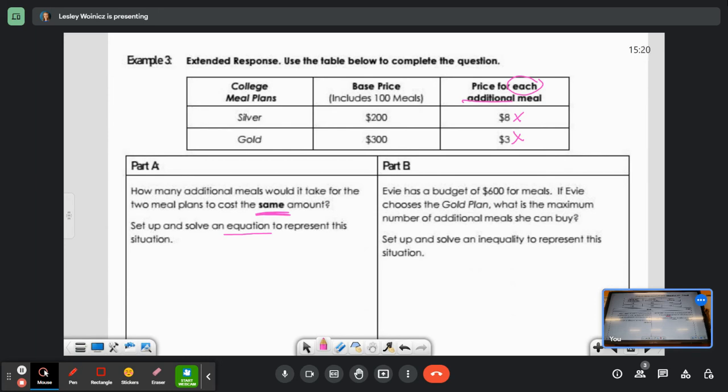This is it. So the first thing we need, think about your checklist. Yeah, a let statement. What are we going to let X be? Let X equal additional meals.